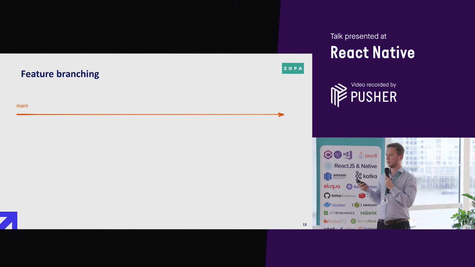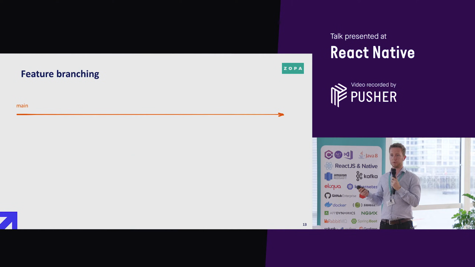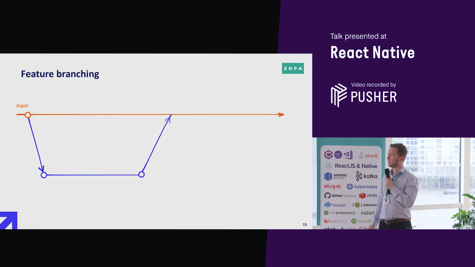So feature branching is something that everyone does on their projects. They need to create a new branch to work on their feature and merge it to the master branch or the develop branch. I'm pretty sure everyone does the same thing. So that's what we did. You create your feature, you work on it, and then you merge it to the main branch.